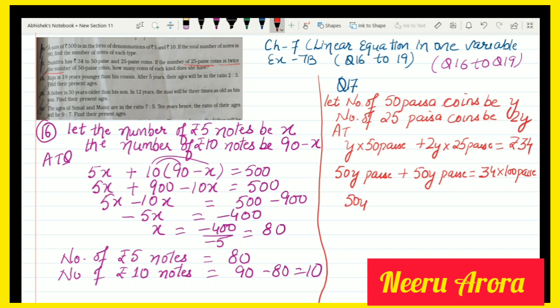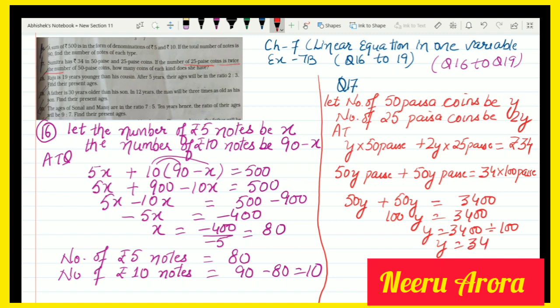So 50y plus 50y is equal to 3400. So 100y is equal to 3400. y is equal to 3400 divided by 100, so y is equal to 34.